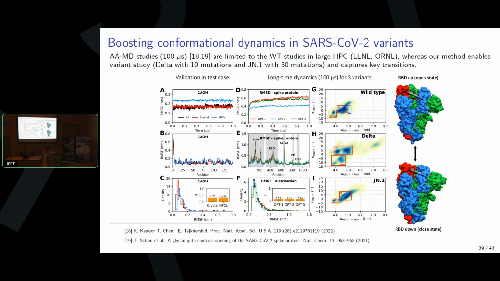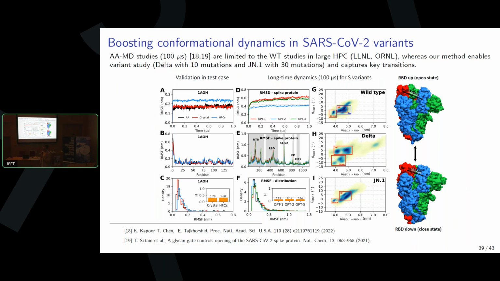Yeah, those are all good questions. We have the free energy landscape, so we can actually run a Markov state model to check the dynamics of these transitions, how often they happen. But we haven't done that yet. This is also possible, but more on the biological side. I think the interesting thing is that if you consider the spike protein with the RBD in the open conformation, that's unstable.